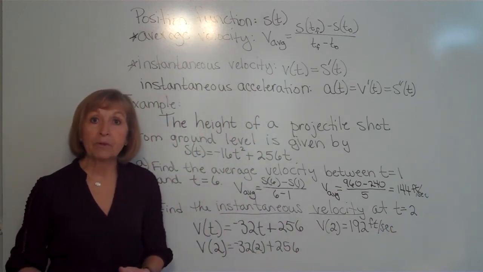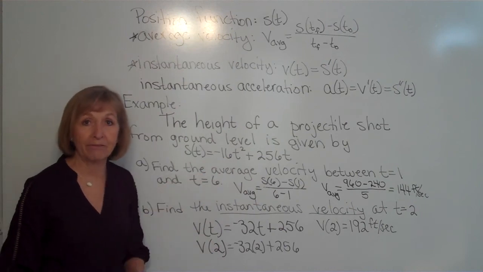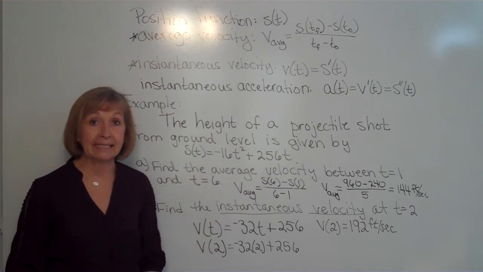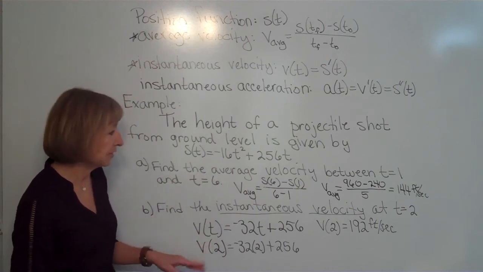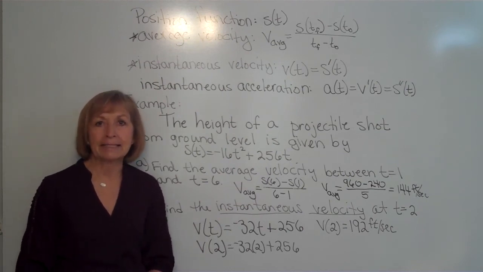So that's an example that shows you the comparison between the average velocity type question and the instantaneous velocity type question. Let's look at a couple more types of things that they could ask us.